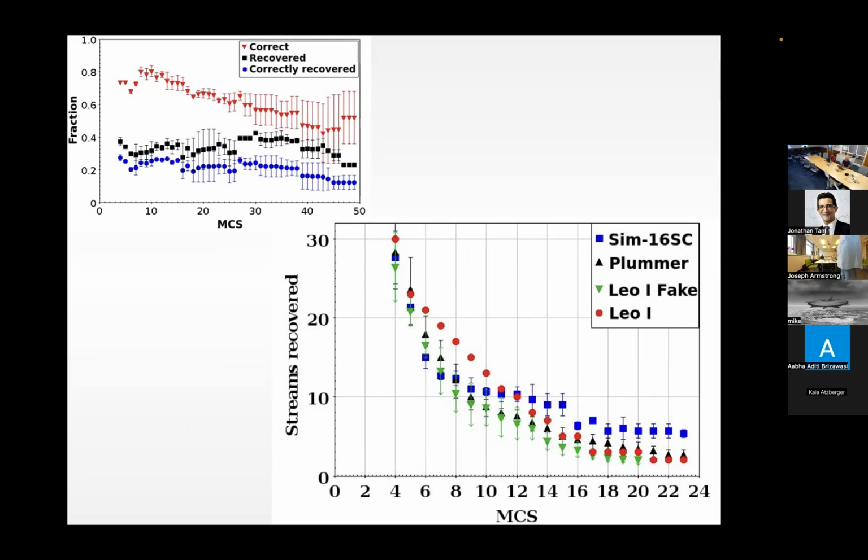But if you increase MCS, at one point those blue dots are sticking out, where the fake streams have that low number that the 4 or 5 streams which you should detect really make a difference and stick out.